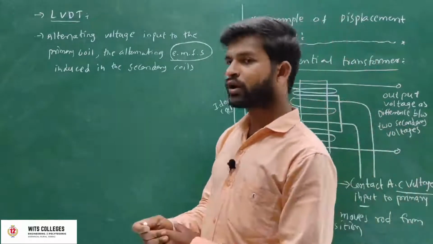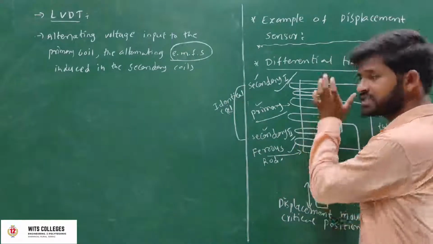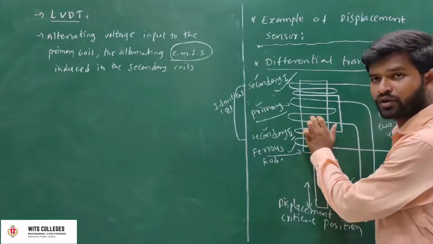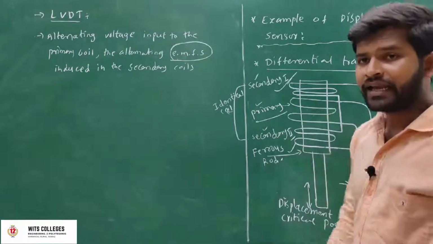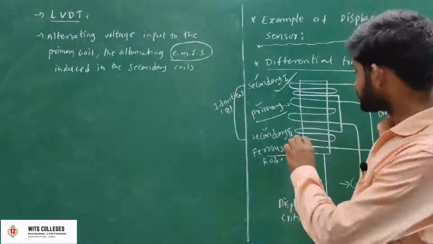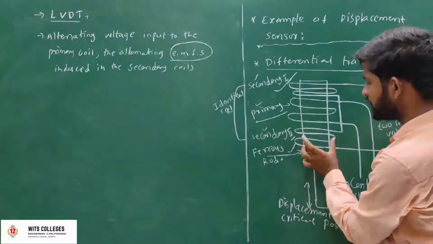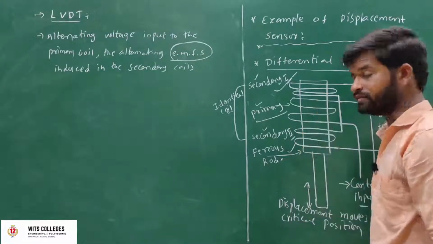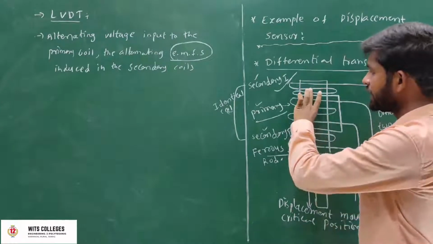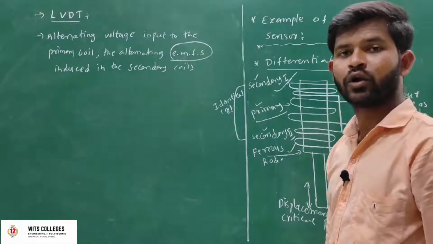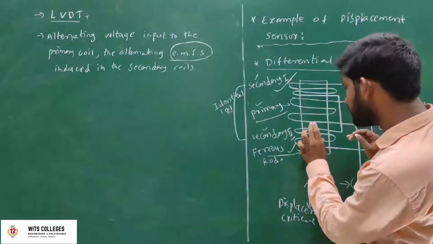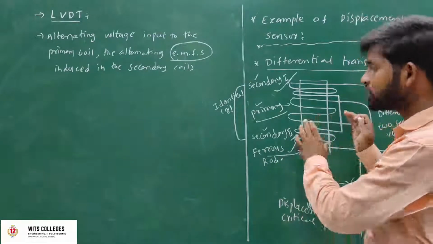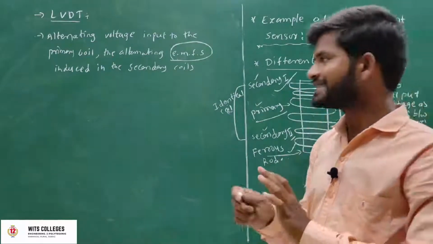With the magnetic core in the central position, the amount of magnetic material placed in each secondary coil is the same. When both secondary coils have the same magnetic material, the induced electromotive force is the same in each.